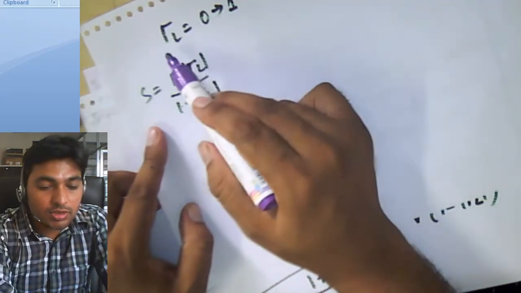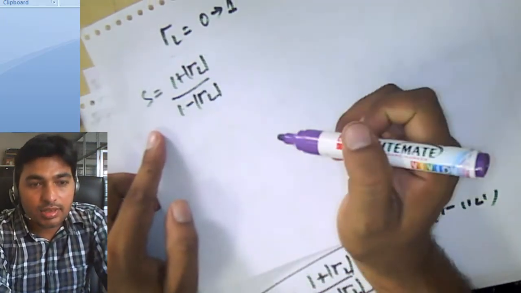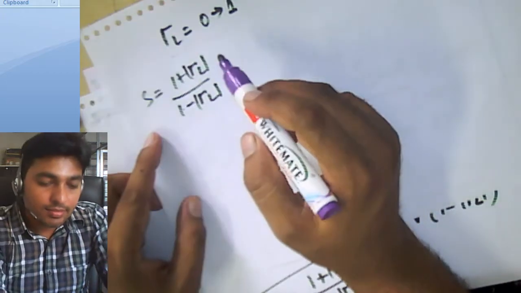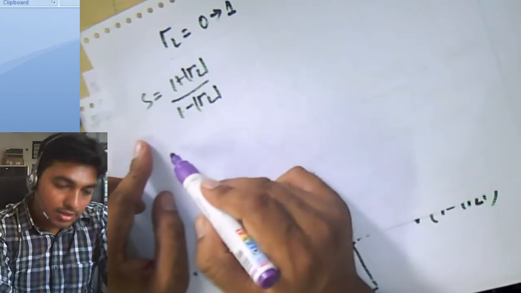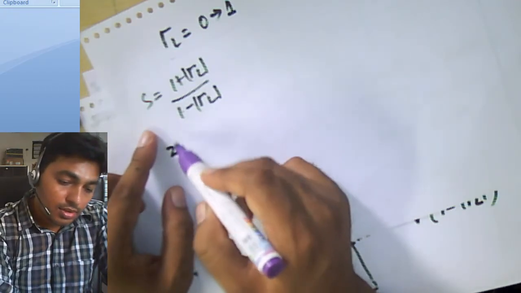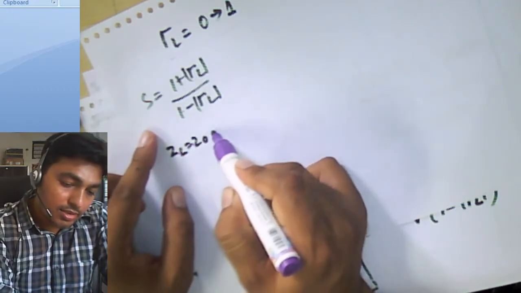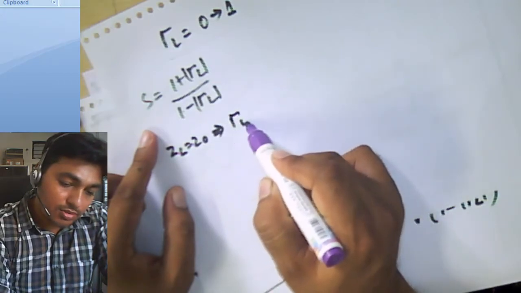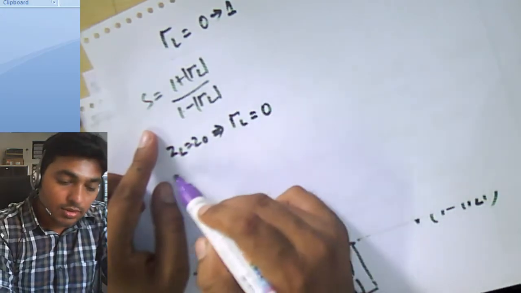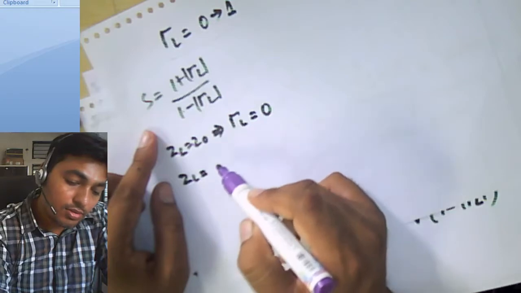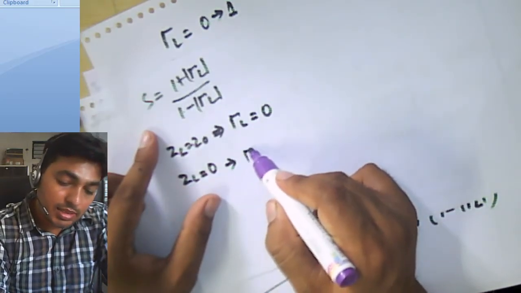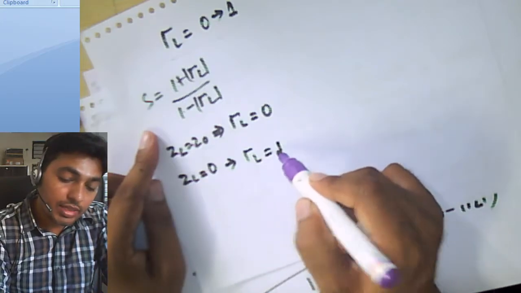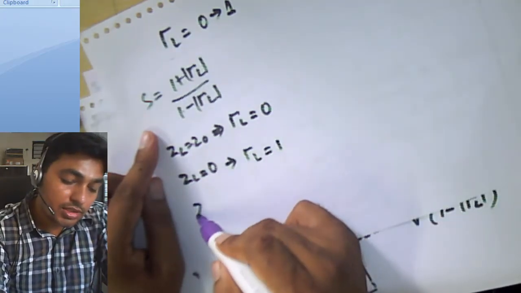So when we substitute the reflection coefficient in a transmission line, once again we will take three cases. ZL equal to Z0 corresponds to reflection coefficient equal to 0. ZL equal to 0, which is a short circuited transmission line, and ZL equal to infinity, an open circuit, both have reflection coefficient equal to 1.